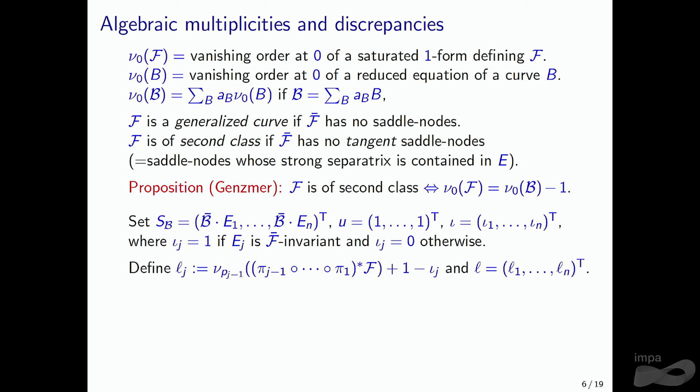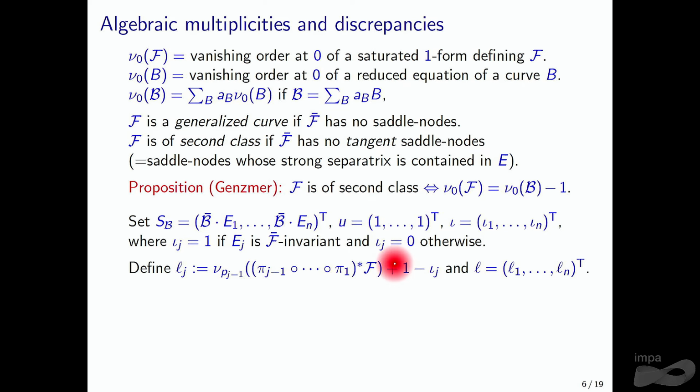And we define this quantity, Lj, as the algebraic multiplicity at the stage j minus 1 of the foliation, corrected by adding 1 in the case that the divisor j is dicritical.